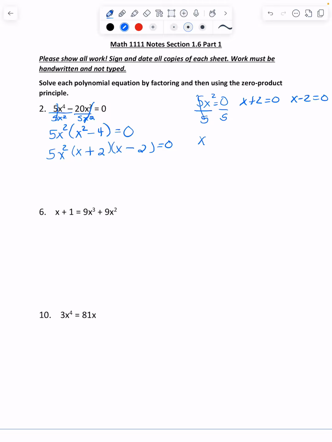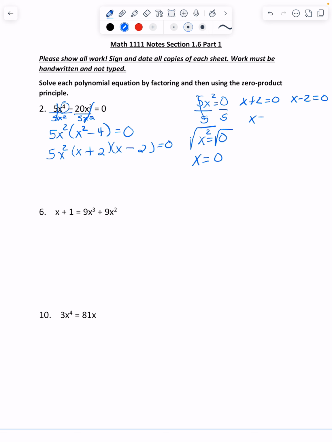So 0 divided by any number is 0. And technically, I'm taking the square root to get x. And so I'm actually coming up with 2 answers of 0. The reason I say that is just because my degree is 4. That's the highest exponent in my original problem, so I'm going to come up with 4 answers. This is like a repeated solution.